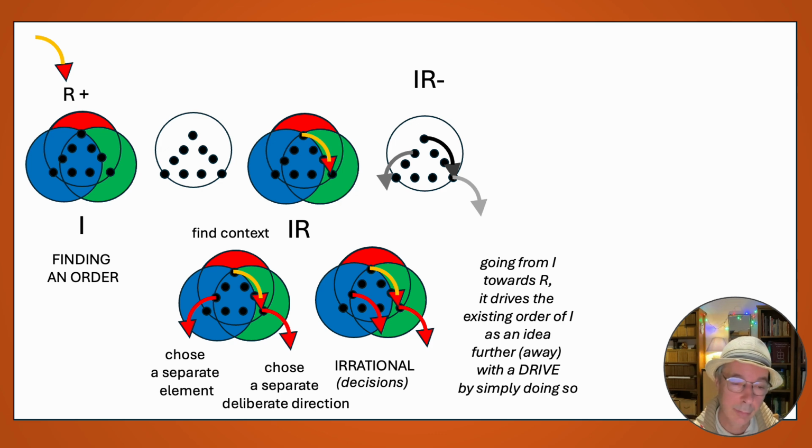Ir should also be the opposite of ri. Okay, let's find out. Because it's also so clear with I, you have the context which is shown in the middle there, that we will find that context in I, we will find that order. What will we do with R? We add the arrows there. The arrows bring us to separations.